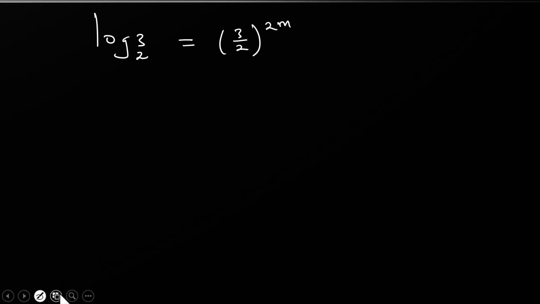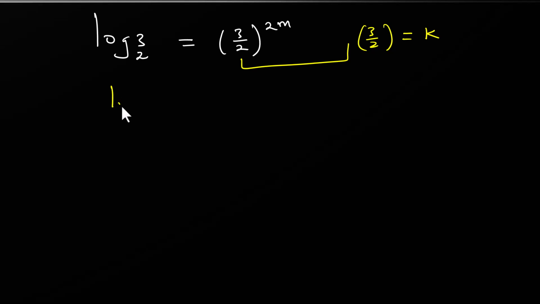Now, in order to make this easier and faster, let's represent 3 on 2 by k. So that will be log 3 to base 2 equals k to the power 2m. So from here we can bring this 2m down by taking log again.